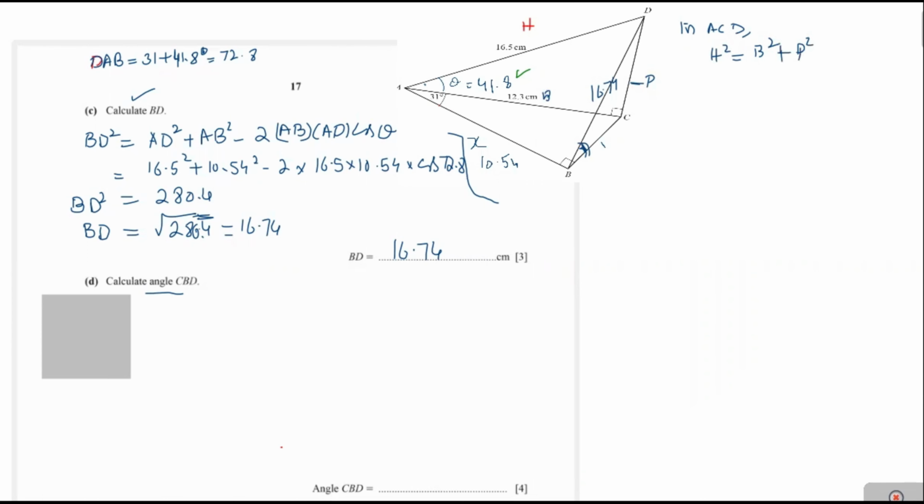Therefore, perpendicular DC squared will be equal to hypotenuse squared minus base squared. Here the hypotenuse is 16.5 squared minus 12.3 squared, and that's DC squared. Now we calculate it. That value will be equal to DC is 11. We write it here.